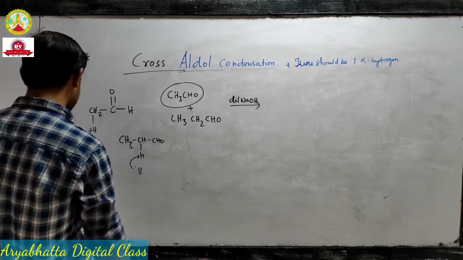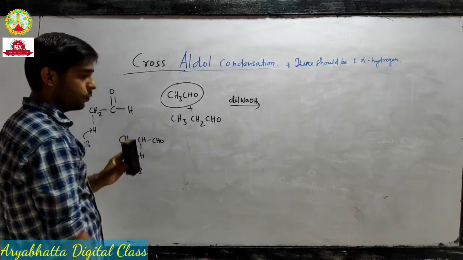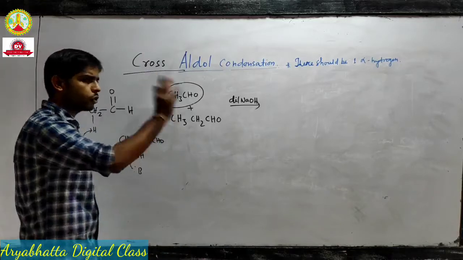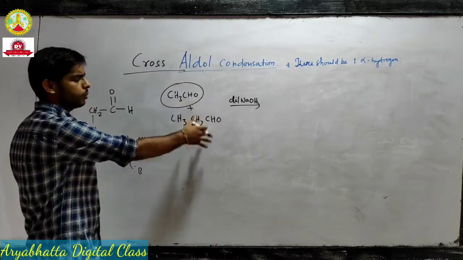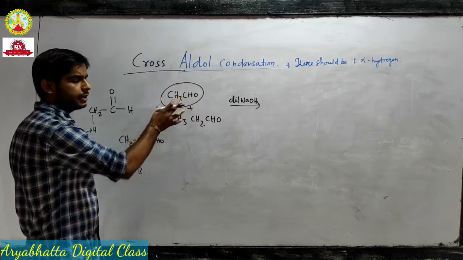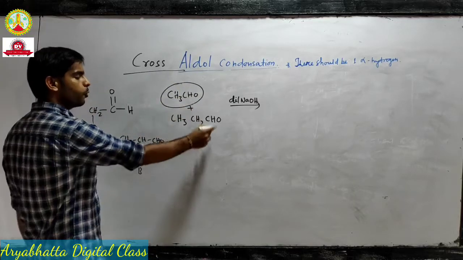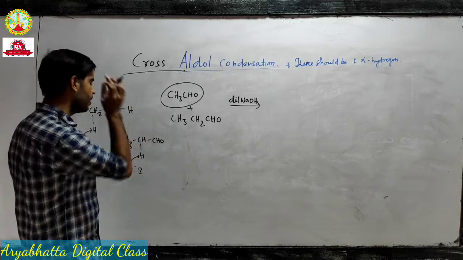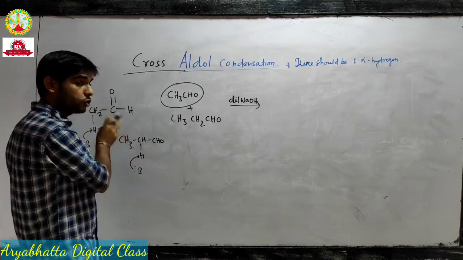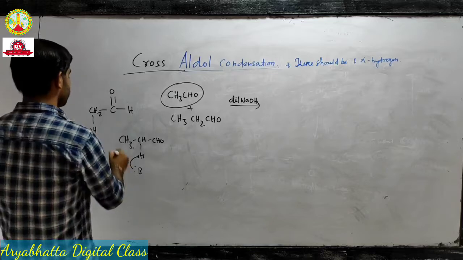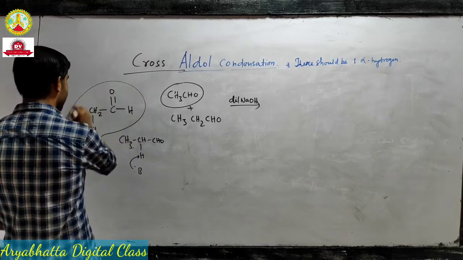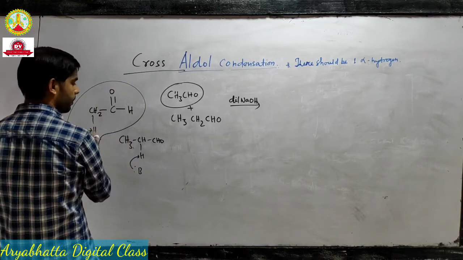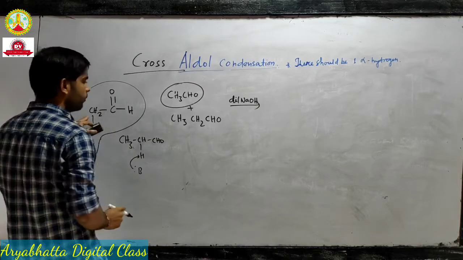So for the first product, I'm just showing you the cross products. I'm not showing you the individual products, because if ethanol is condensed, we have already seen the reaction. If propanol is condensed, we can do this reaction, same. So what if it is crossed? First, suppose that hydrogen is being removed from this, the base removed the hydrogen from here, so this will form the negative charge.